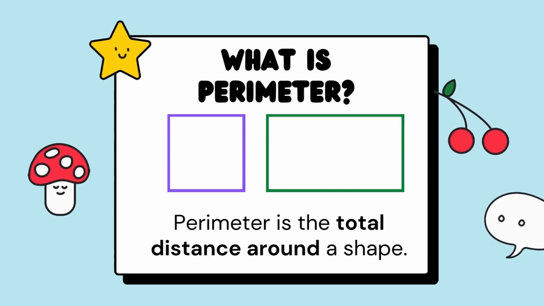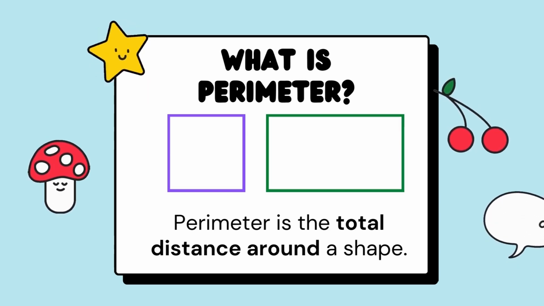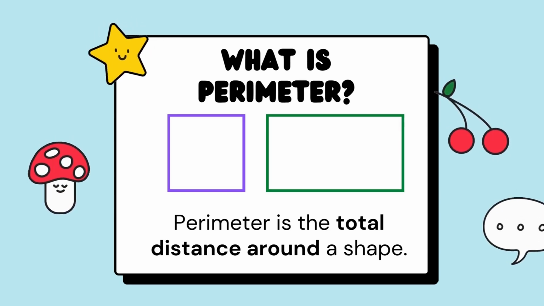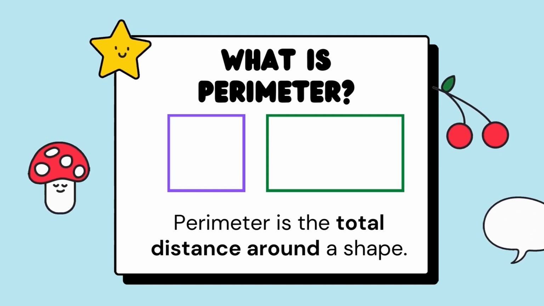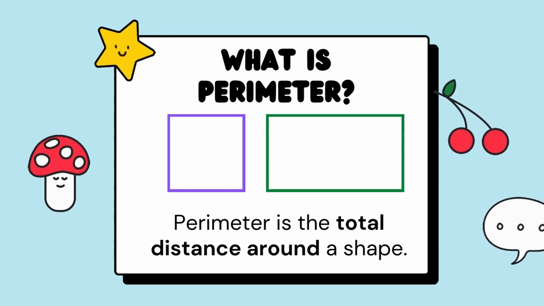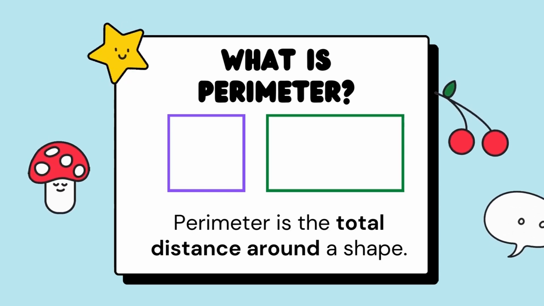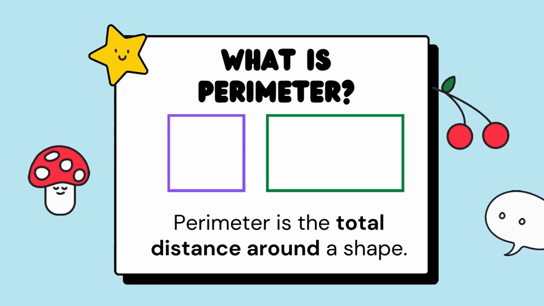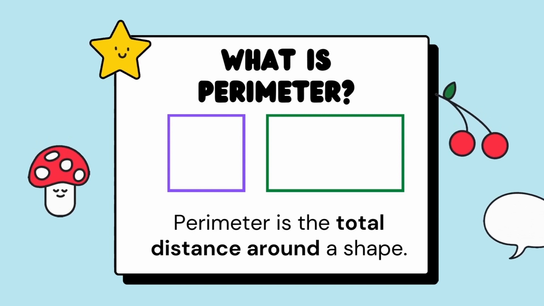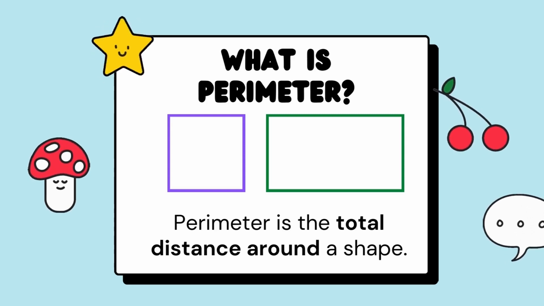So we have two shapes here: for the square, you can see the purple line, and we want to know the total distance from one point to another to make a complete shape. The same goes for the rectangle in green.